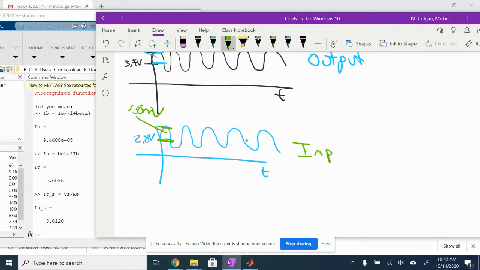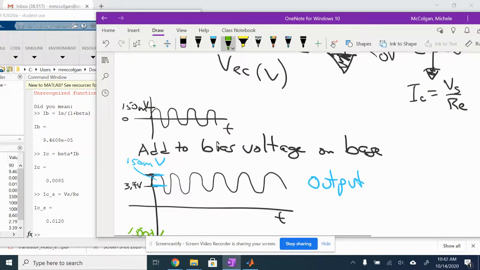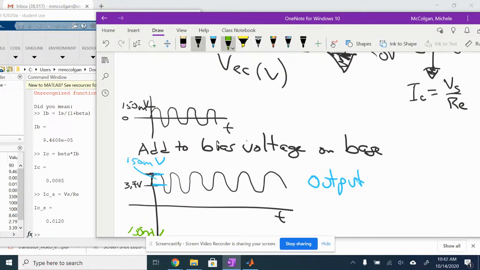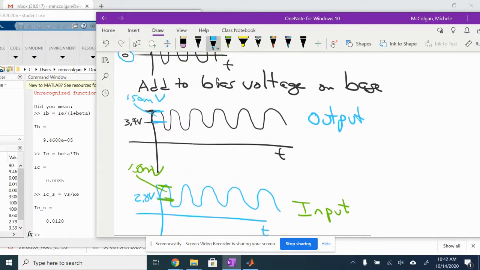So all I've done with this circuit is take an input signal, centered around 0, and bias it up to put it on the base.